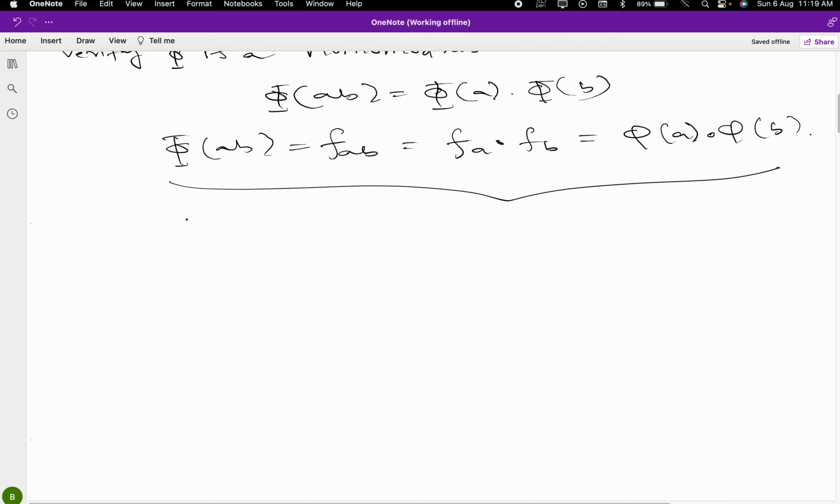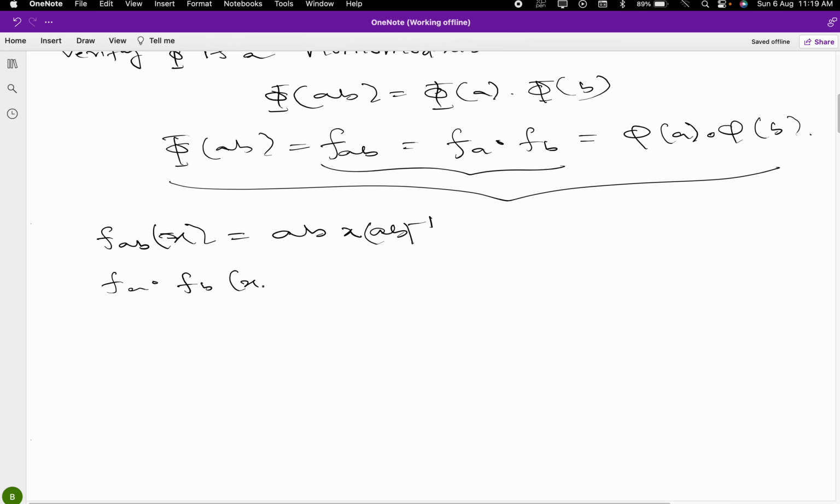So let's check. I will show these two parts. What do we mean by f of ab? f_ab at any point x gives ab x (ab) inverse, with the whole inverse. Now what about f_a composed with f_b at any point x?